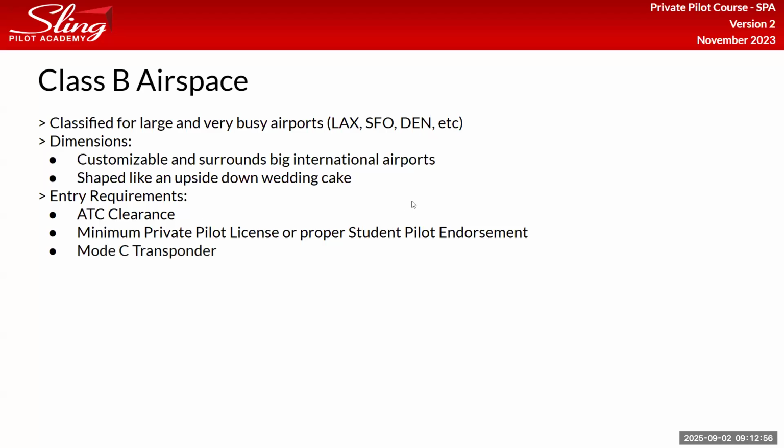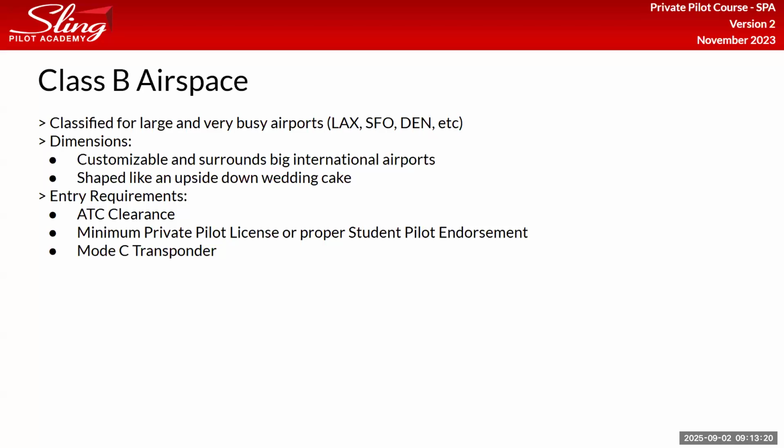And you need a Mode C transponder. What's a Mode C transponder? Yeah, they're similar. What they added in 2020 is actually in Bravo airspace and Alpha and Charlie, you have to have both. So now it's required that you have a Mode C transponder and ADS-B out. They're similar systems.